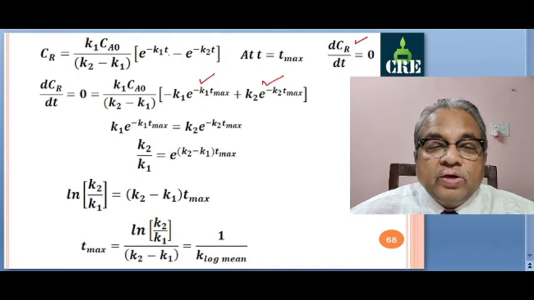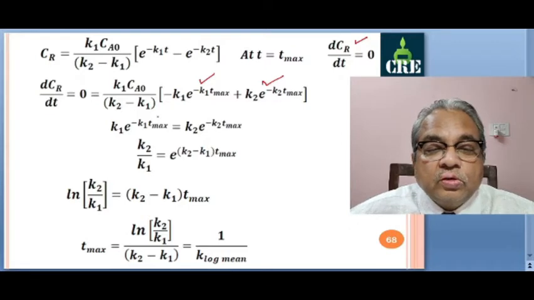So e raised to minus K1 t max minus K2 t max. If I equate this to 0, simply this goes and what I get is this is minus sign. So we change the sides.